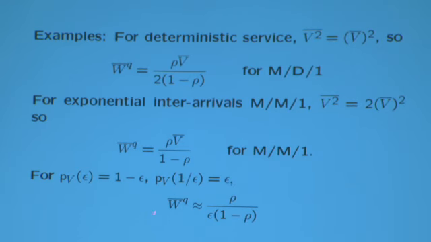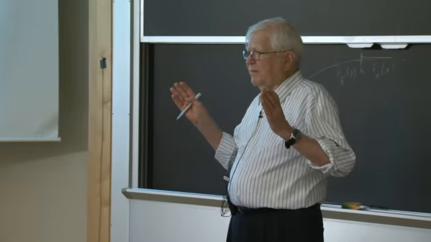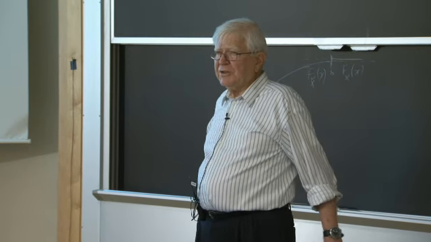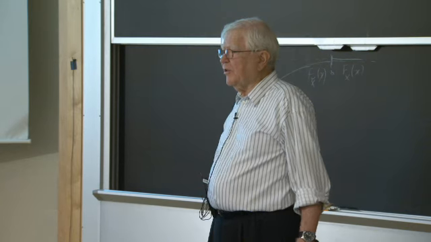Then, if you work it out, the expected W sub Q is equal to rho over epsilon times 1 minus rho. This is the same kind of behavior we had before. You have an enormous residual life, and therefore the time that you wait for a customer in service to get finished is very, very large.